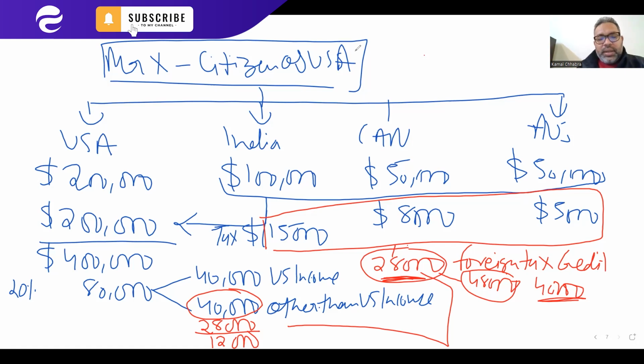So in US you will get a credit of 28,000, and you'll be paying 12,000 more taxes. But in another scenario, if you have paid 48,000 to the outside country, hypothetical assumption, and in US the tax liability is 40,000, then you will get the entire 40,000 credit.